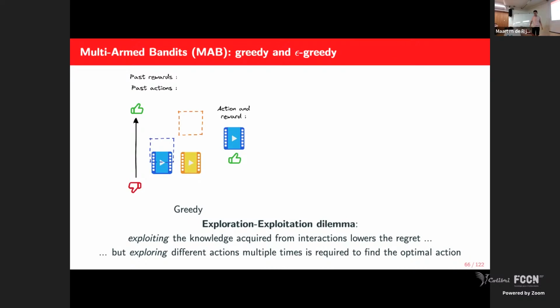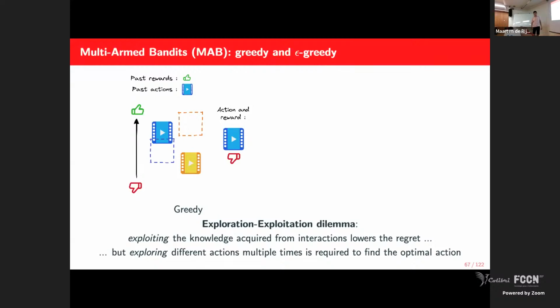So we'll start with a greedy strategy. The idea is that we always take the most promising action, which is the one with the best expected reward. At first, let's take a blue movie because we don't have any knowledge about the environment, and it's a like, so it goes up, as you can see. Now our greedy action, the most promising one, is the blue one.